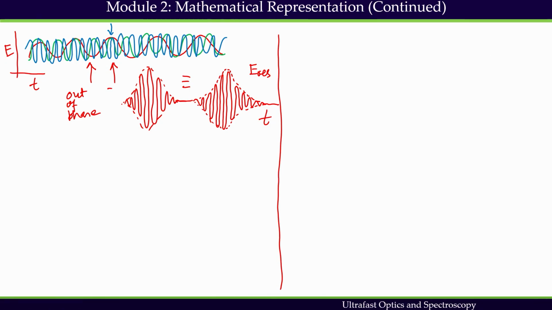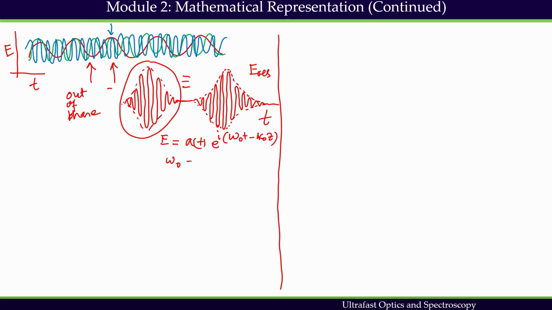And as we have often pointed out, this isolated pulse can be expressed as A(t) multiplied by e to the power i(omega naught t minus k naught z).